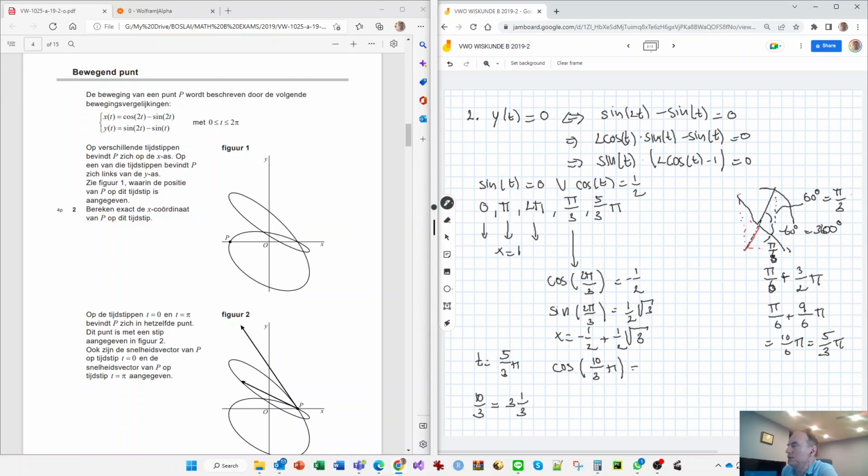This is negative 1/2, and the sine is negative 1/2 square root of 3. So x is equal to minus 1/2 minus 1/2 square root of 3. So yeah, these 2 points here are basically minus 1/2 plus the square root of 3 or minus the square root of 3.